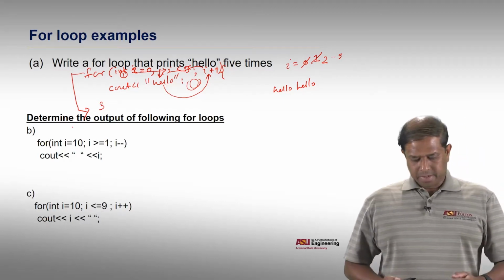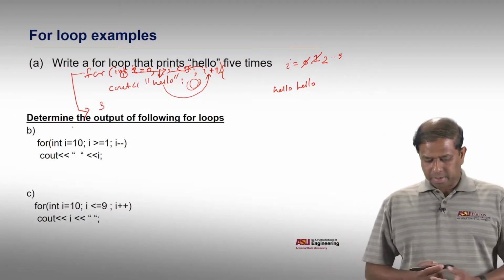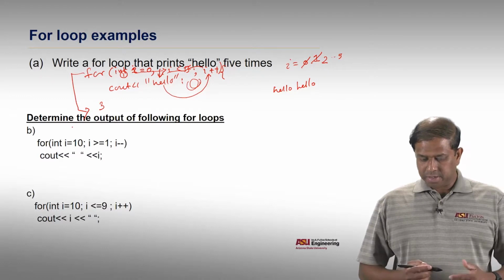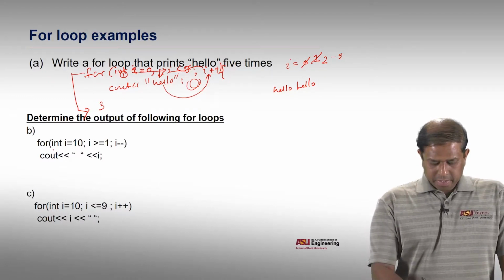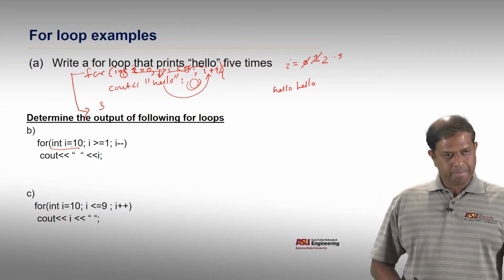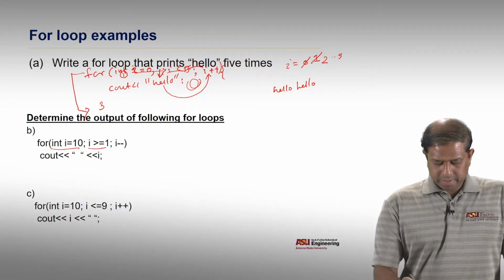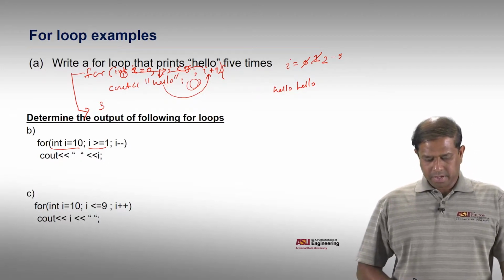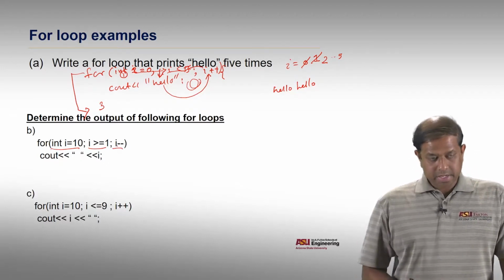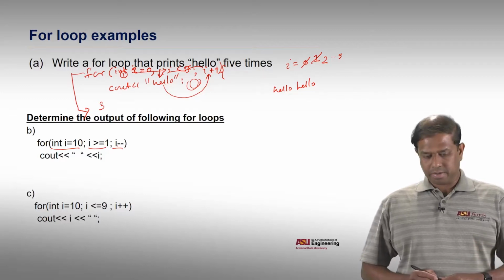All right. So let's take a couple more examples of for loops and see what is happening inside these for loops. Now in here, we have the initial value set to 10, and then we are checking whether that value i is greater than or equals to 1, and then the update statement, this time we are deducting 1 from i.